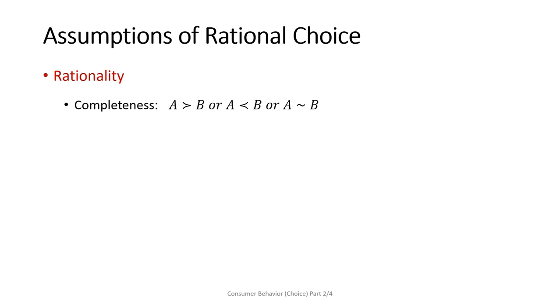By this we mean that a rational person should be able to compare the utilities he or she is deriving from the consumption of commodities, and his behavior should be consistent.